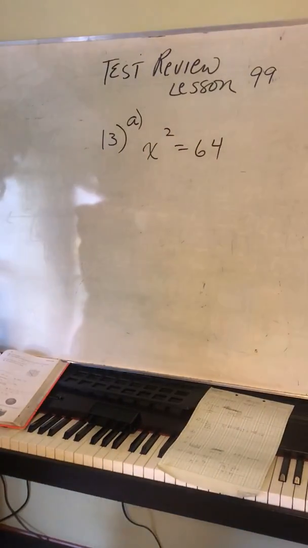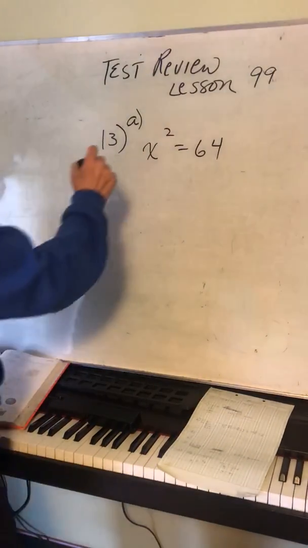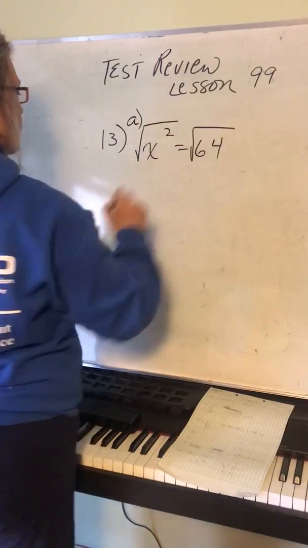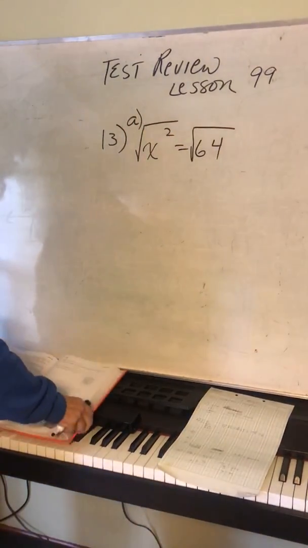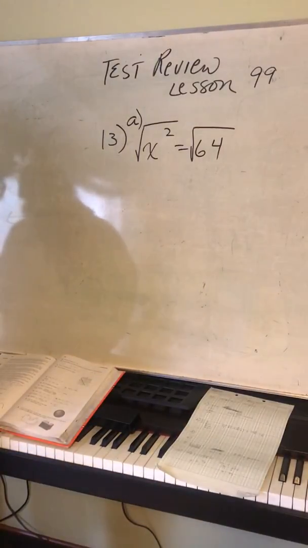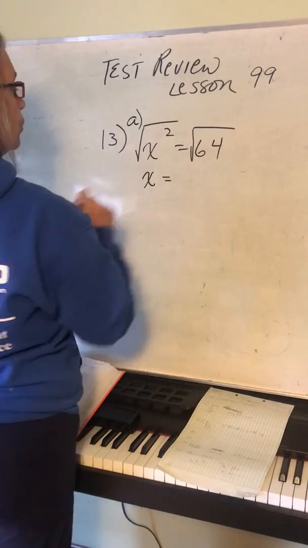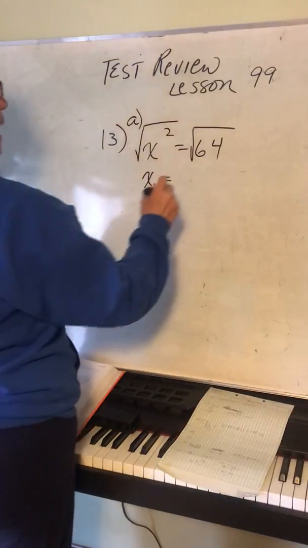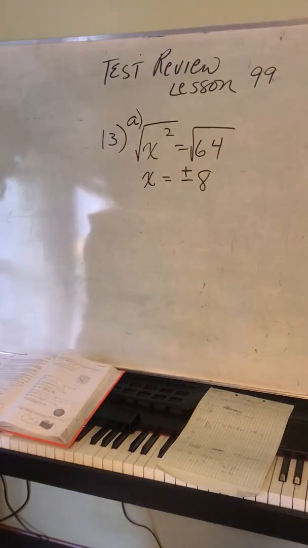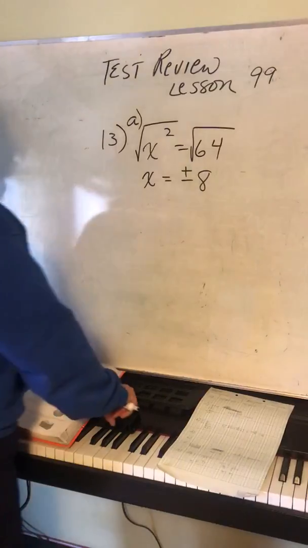And what you do is you need to get the x by itself, okay? And how you do that, you take the square root and the square root, and then you solve for it, and that ends up being x is equal to the square root of 64, which is 8, but it's a plus and a minus because negative 8 and negative 8 is 64, and 8 and 8 is 64, multiplied together.